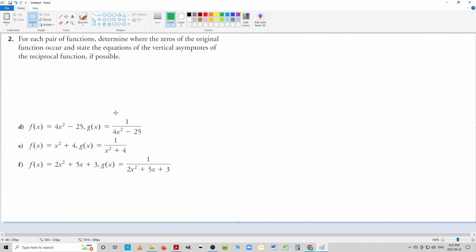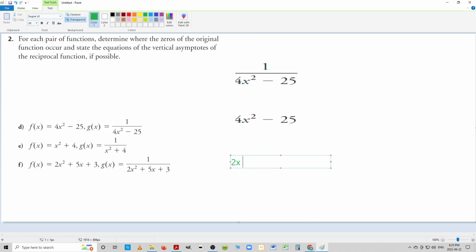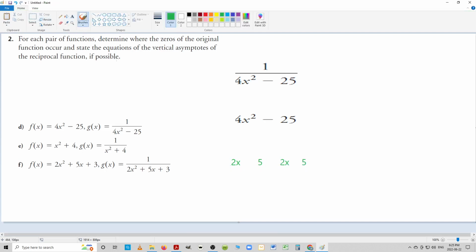What about this one? You might say that can't be factored. Except that if you look carefully, 4x squared has a square root. It's 2x. And 25 has a square root. It's 5. So it's 2x and 5. And you put them both in brackets. And because this is a difference of two squares, you put a plus in the first one and a minus in the other one, which means this whole thing looks like 1 over 2x minus 5, 1 over 2x plus 5.